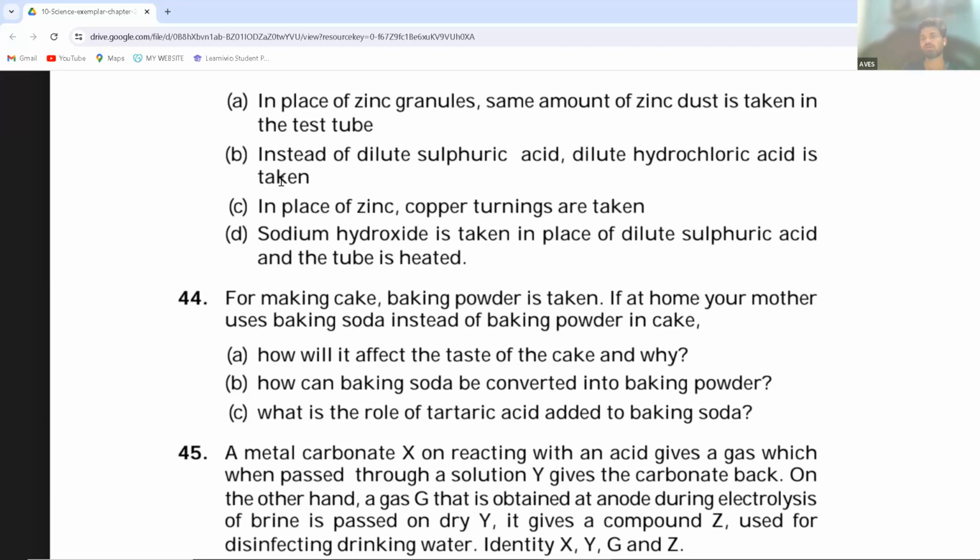What is the role? So it will neutralize the bitter taste, and secondly, it helps in the production of carbon dioxide, which helps in making the bread fluffy. Okay, yes.